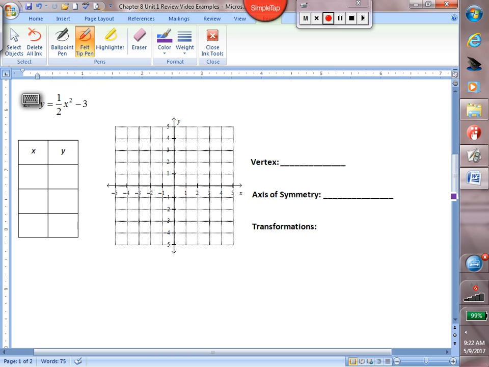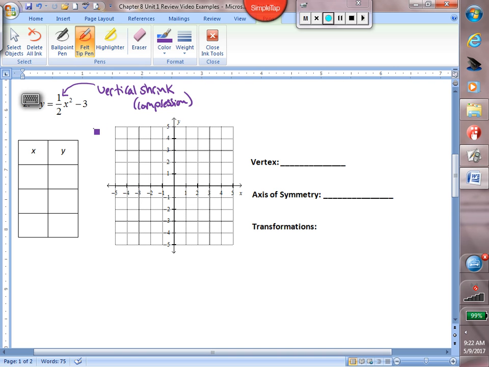In example 2, the first thing I come across is a 1/2 times my x squared. 1/2 is less than 1, so this is going to cause a vertical shrink, or you can also use the word compression if you would like.